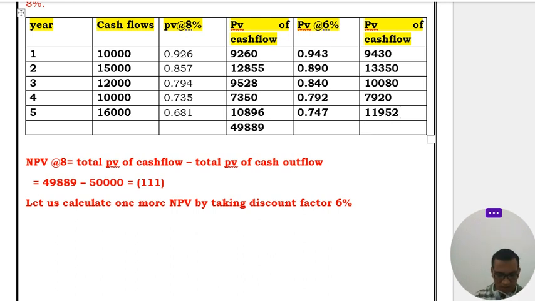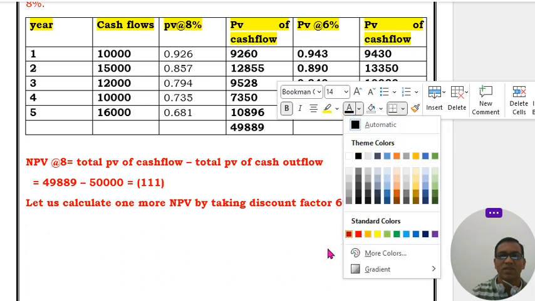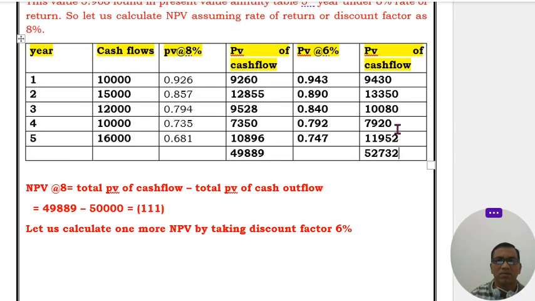And now total, please. 9,430 plus 13,350 plus 10,080 plus 7,920 plus 11,952, that is 52,732. This is the PV of cash flows at the rate of 6%.